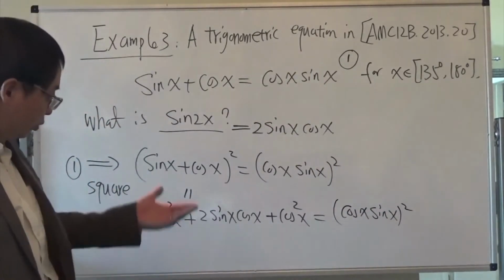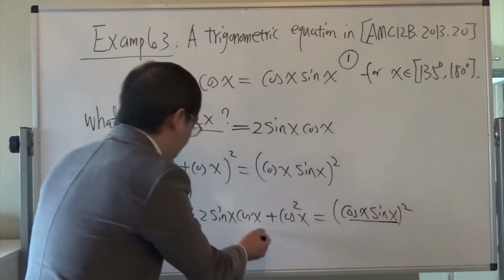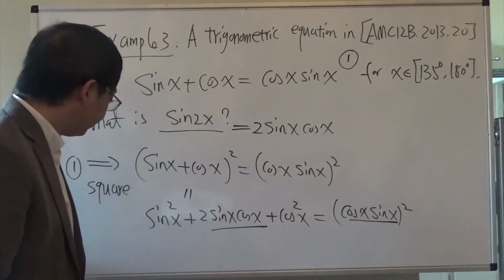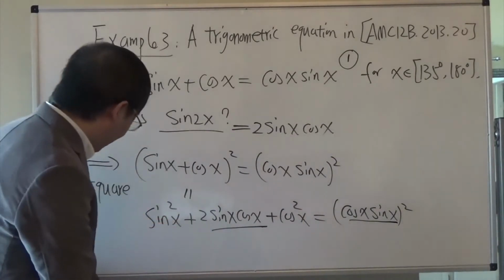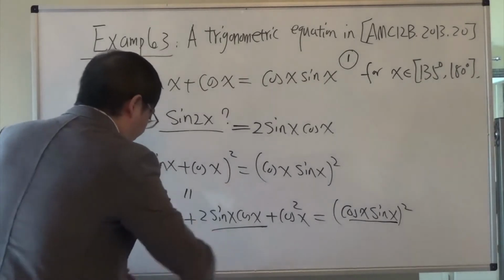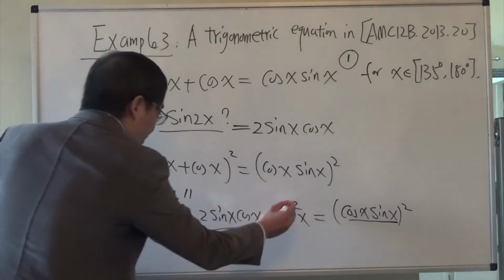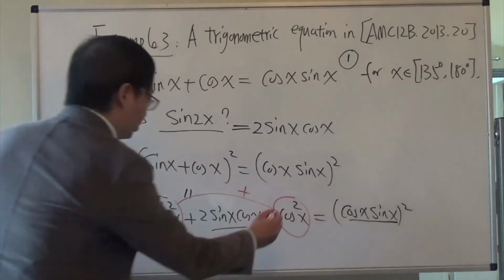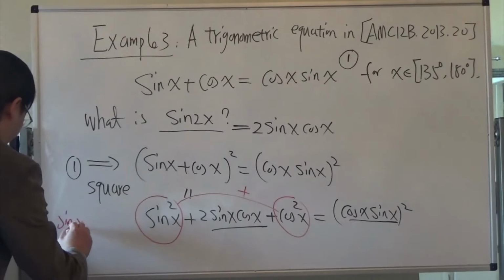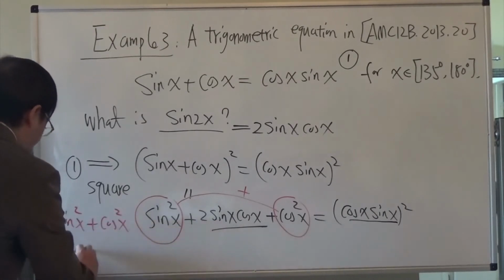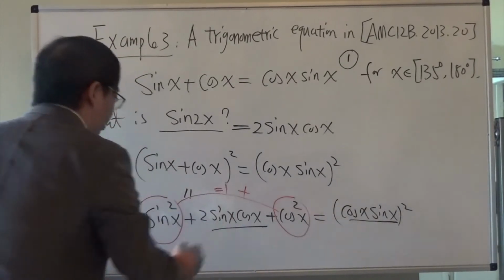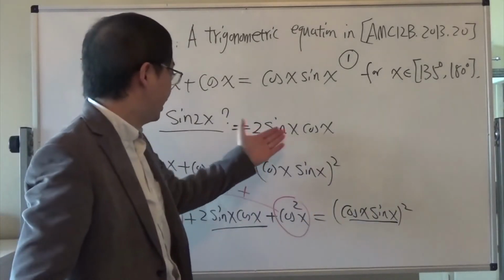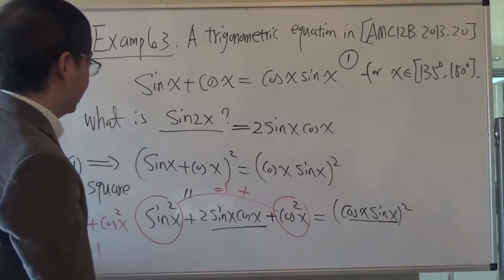Now, the point is, you see, we already have cosine x sine x, that's just 1/2 of the sine 2x, right? What are the others? We have sine x squared plus cosine x squared. We know the two things, if you add them together, it just equals 1. Therefore, we basically just get an equation in sine x and cosine x.